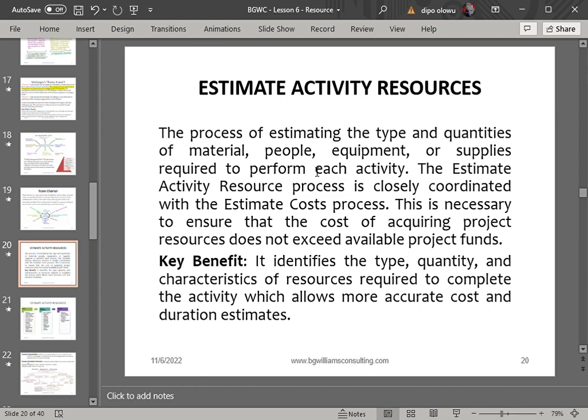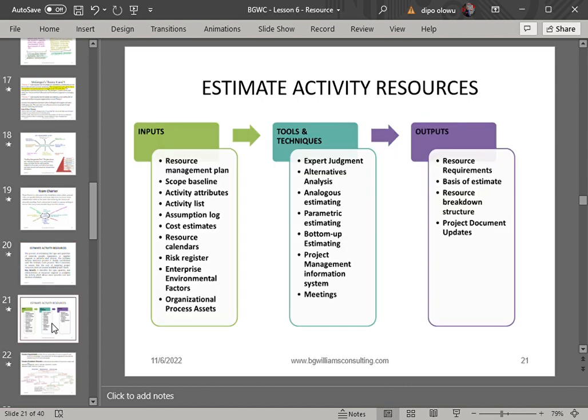So if you have 20 activities, therefore you are going to begin to estimate based on those activities. And that is the concept of estimate activity resources.